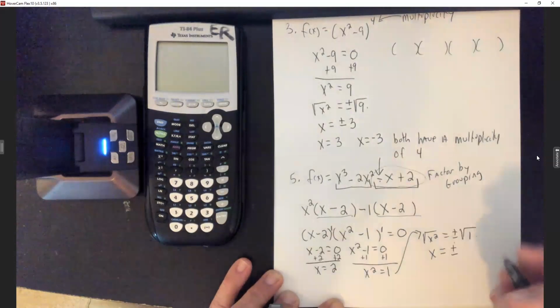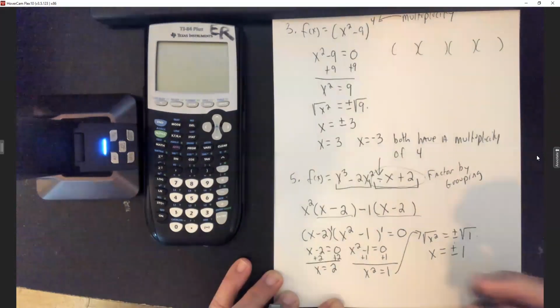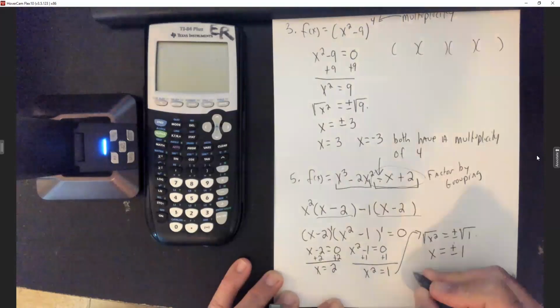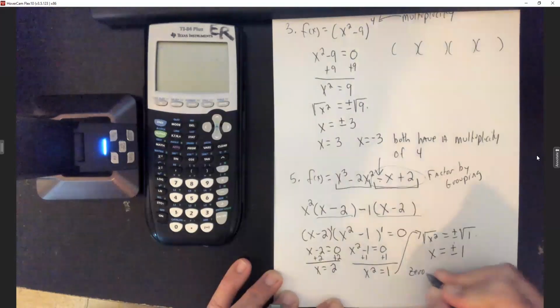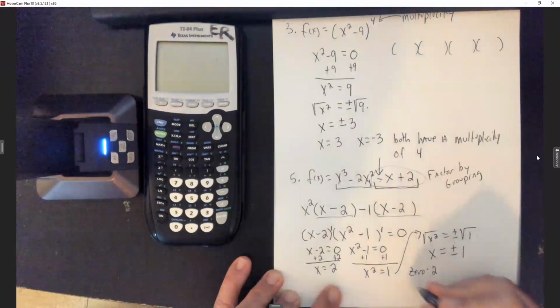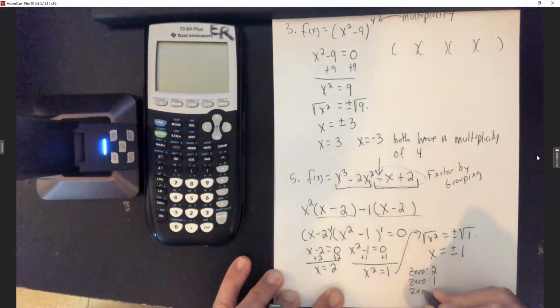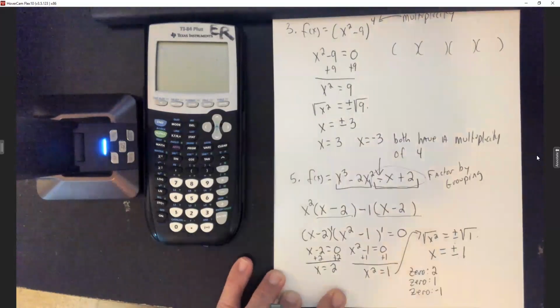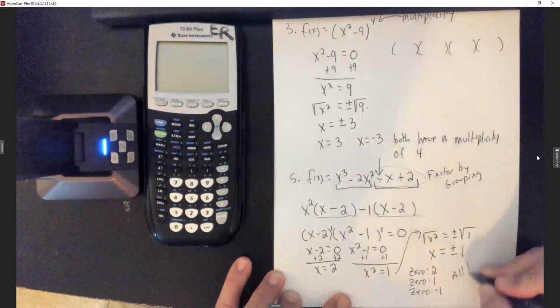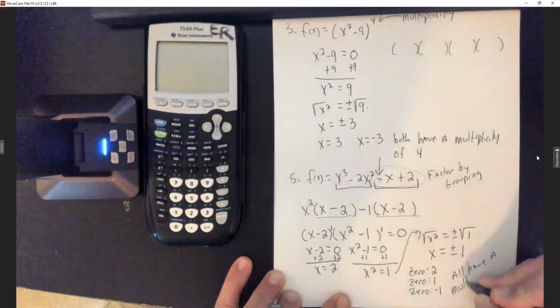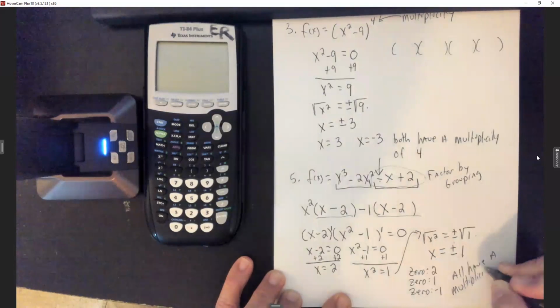So all my zeros, I got a 0 of 2, a 0 of a positive 1, and a 0 of a negative 1. And all have a multiplicity of 1.